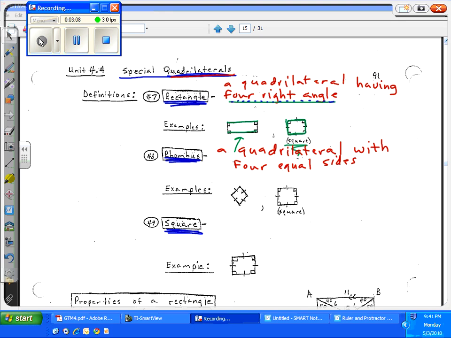It's not equilateral when all of the angles are equal, it's equiangular. Excuse me, I'm going to write that down just to correct myself. Equiangular quadrilateral. A rhombus is a quadrilateral with 4 equal sides. The fact that it has 4 equal sides means it is equilateral. So a rhombus is an equilateral quadrilateral.